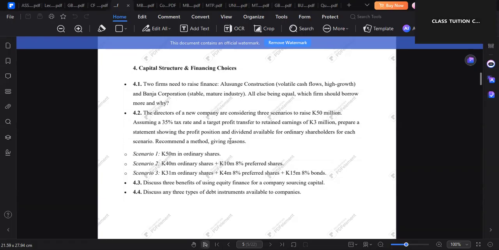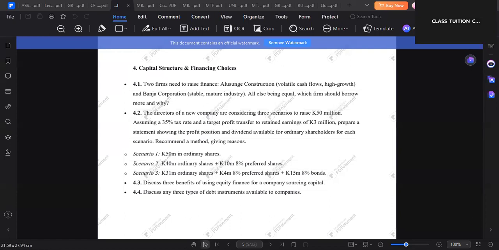So before I go into understanding this question, let me take you through a few key important points that you need to know on capital structure. Firms have what we call a capital structure. What is a capital structure?